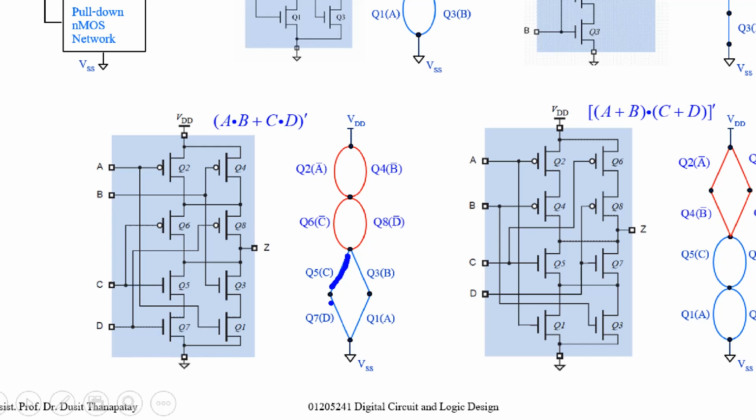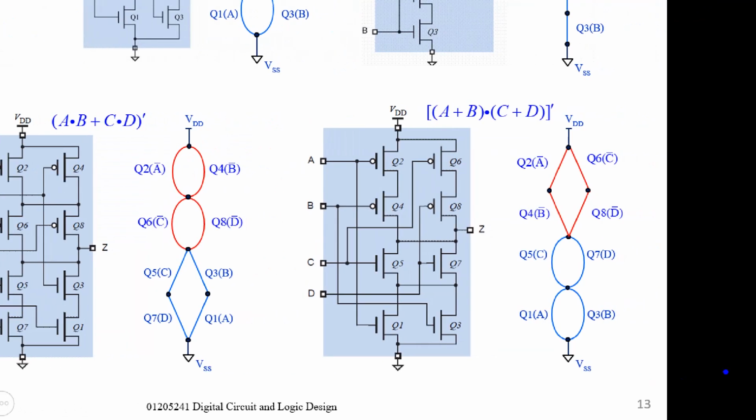This one controlled by B, this one controlled by A, connected in series, and this part and this part are parallel together. And the output of the circuit, output Z, is this point. And this one also, similarly.